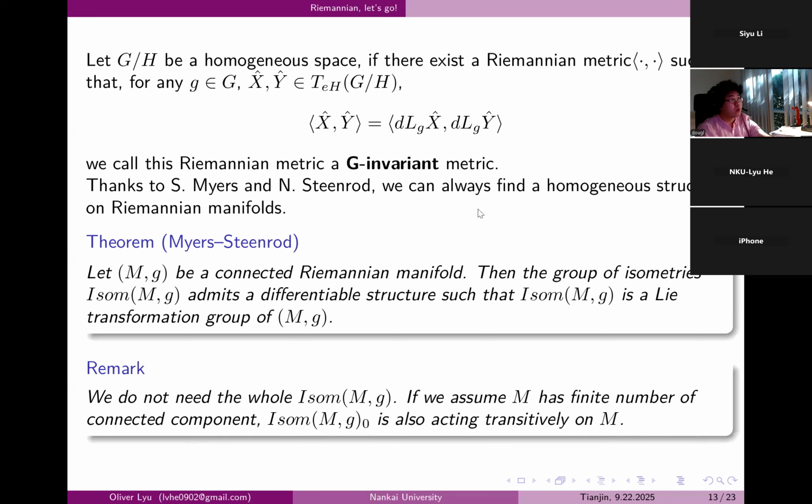Thanks to Myers and Steenrod, we can always find a homogeneous structure on Riemannian manifolds. This is the well-known Myers-Steenrod theorem.